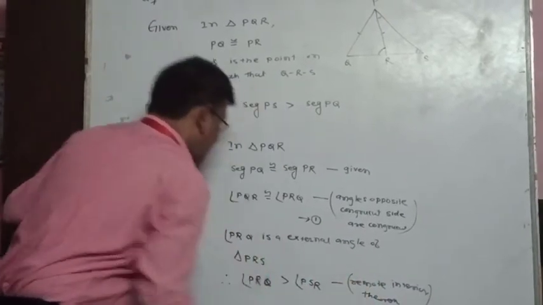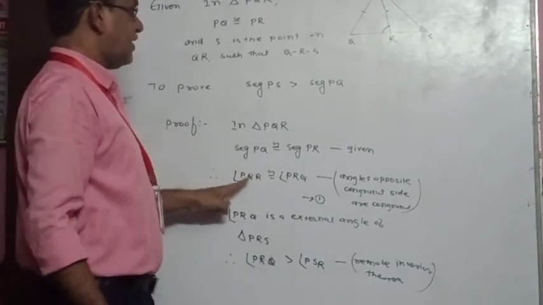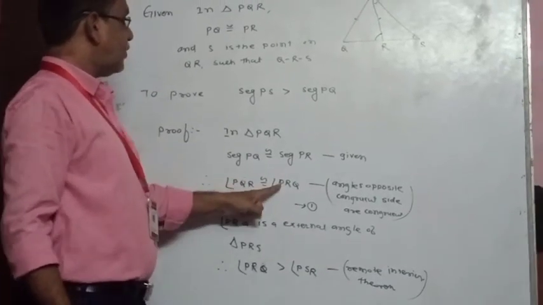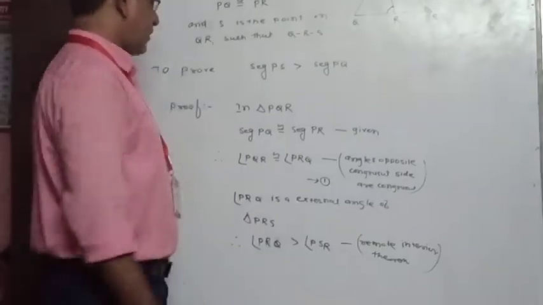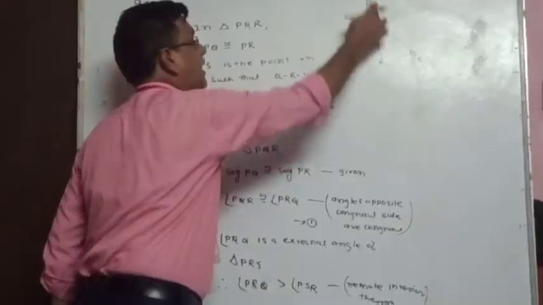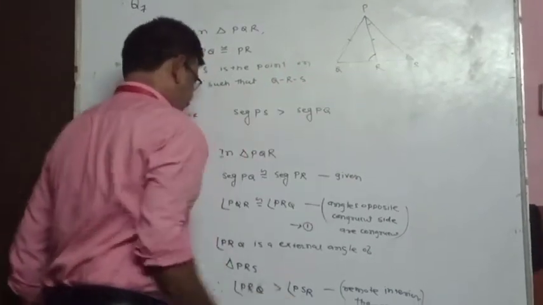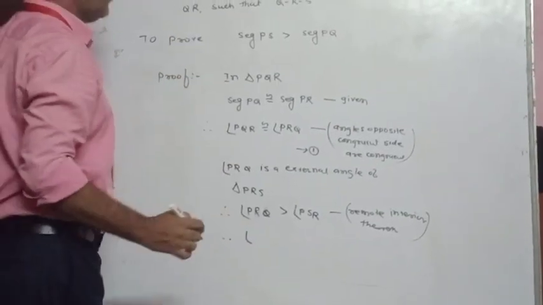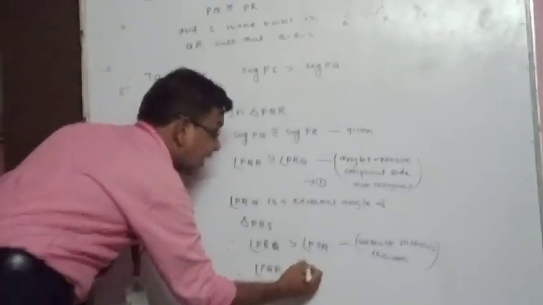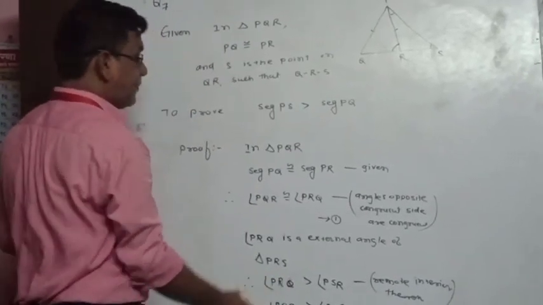Okay, see now what is PRQ. Here PRQ is equal to PQR. PRQ is greater than PSR. It means you can say that therefore angle PQR is greater than angle PSR, because PRQ and PQR are the same, from 1.